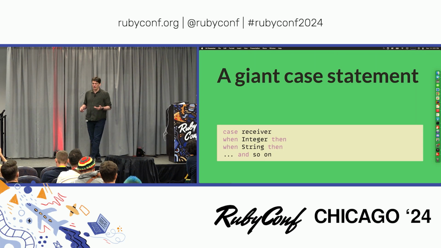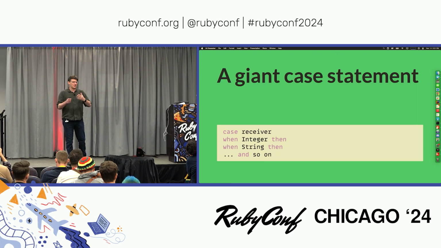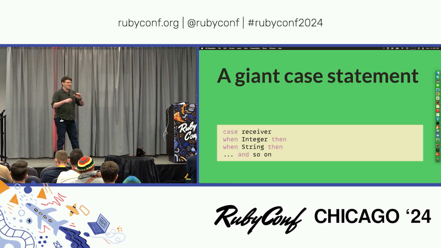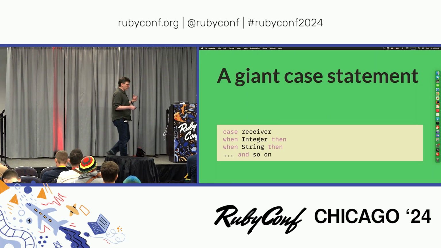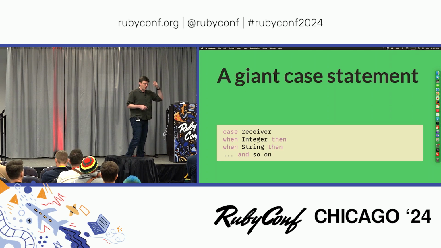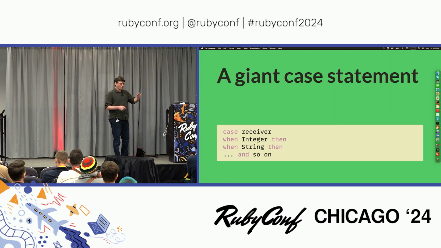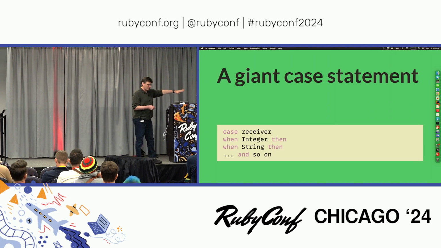The abstraction that I want you to think of is the entire object system is sort of a case statement. If I'm doing a method lookup, it's not implemented this way, but you could think of a method lookup as being a case statement. If the receiver is an integer, then I call the integer method. If the receiver is a string, I call the string method. It's actually doing this more directly because it knows what the receiver is, so it's not actually doing it like this.